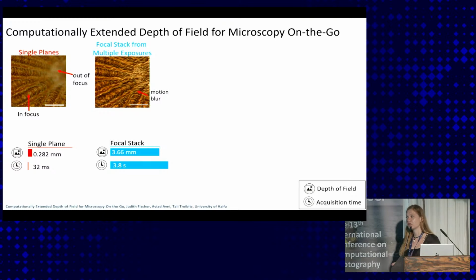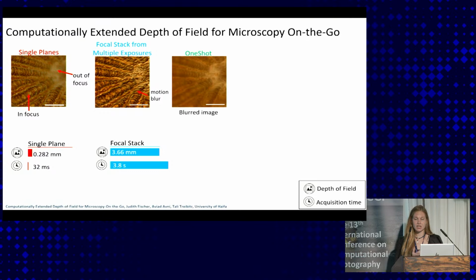But a focal stack usually takes a long time, and in a dynamic environment, it might result in motion blur. Therefore, a one-shot is suggested, and a one-shot is a focal stack taken during one exposure. And in this way, we can shorten acquisition time.